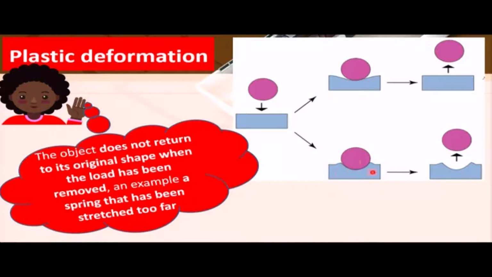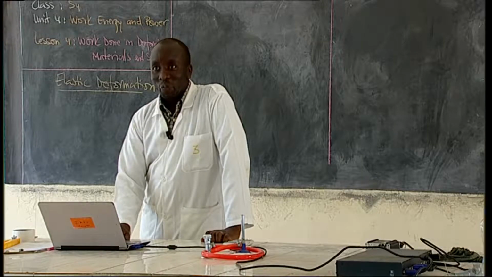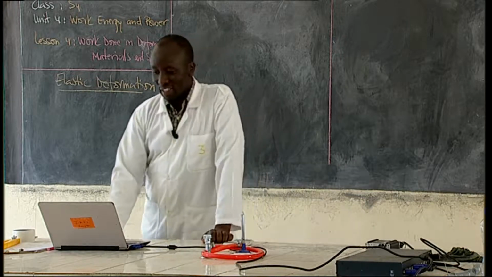But this time here, we have a mass, and it is no longer coming back to the normal shape, but it is remaining. This is plastic deformation. Good, and that is elastic deformation.